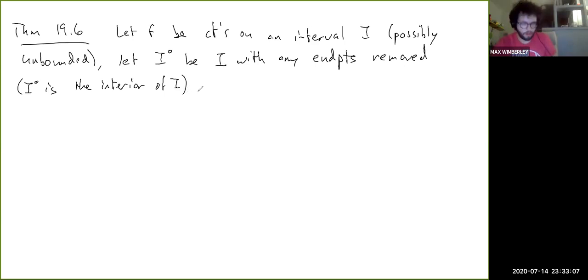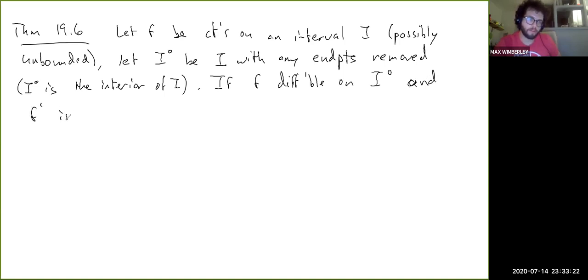So if f is differentiable on I circle, and f prime is bounded on I circle, then f is uniformly continuous on I.